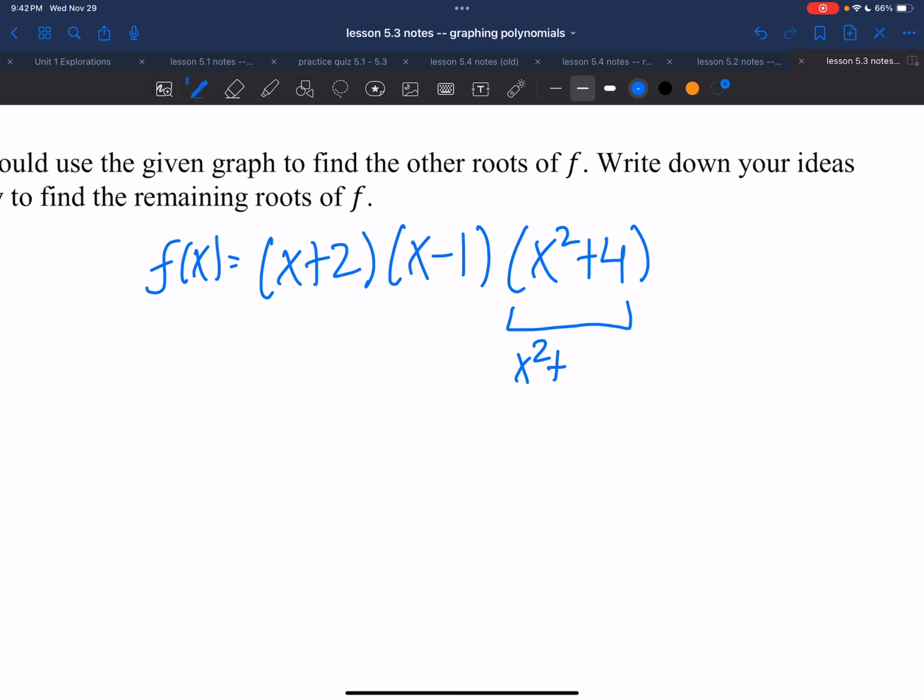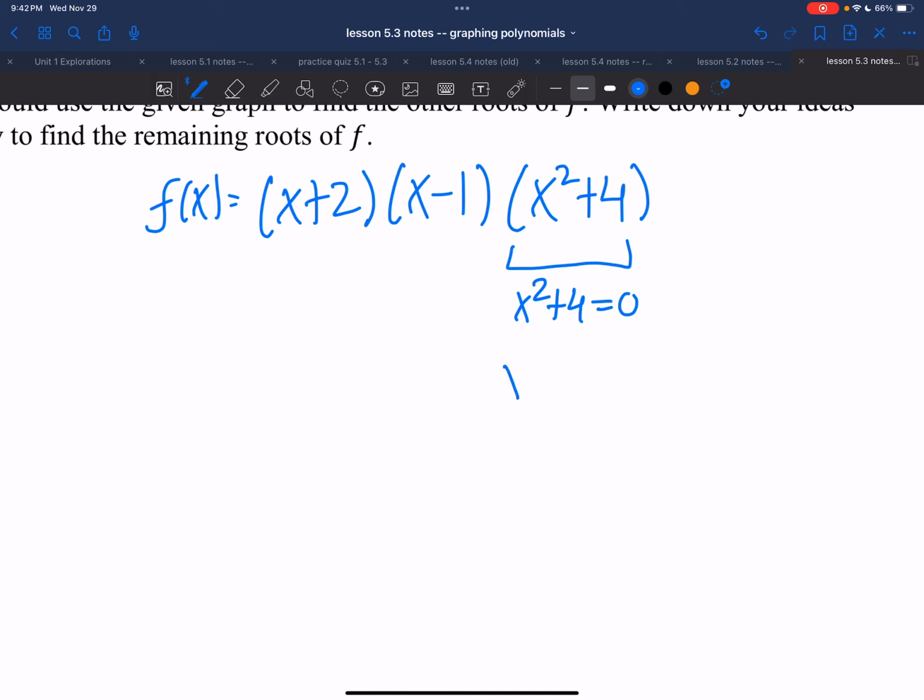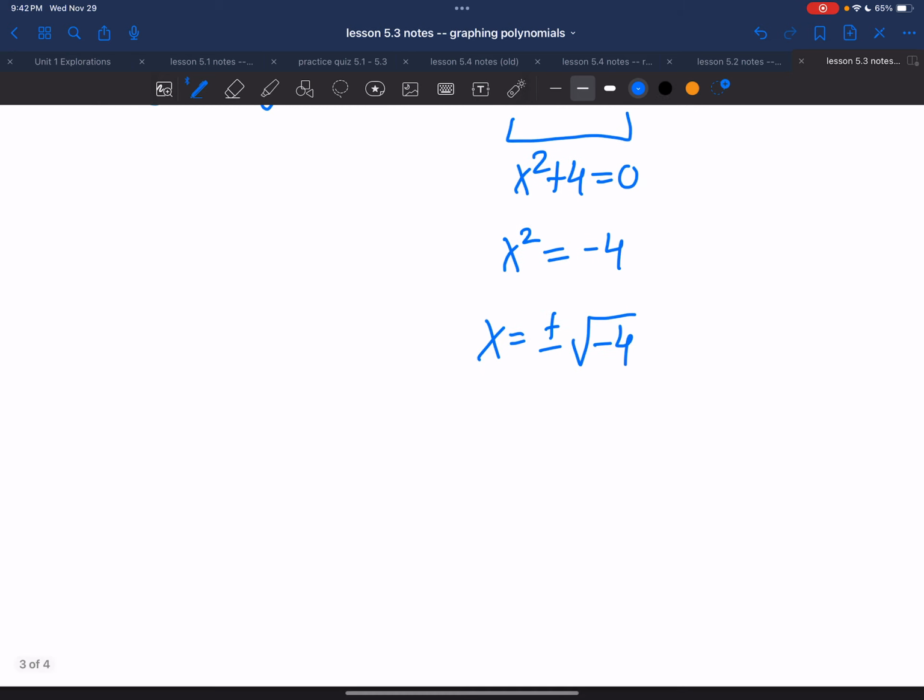Set this equal to 0. Solve for x to find the roots. I'll subtract 4 from both sides. I got x squared as negative 4. To get x alone, you must take the square root of both sides. You're taking the square root of negative 4. Well, the square root of 4 is 2, but the square root of a negative we call i.